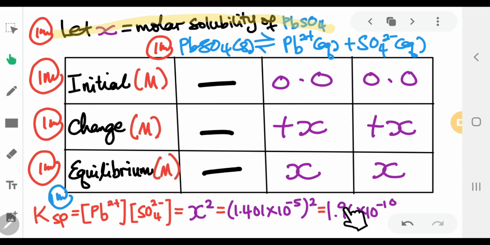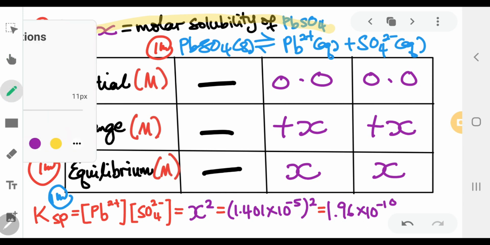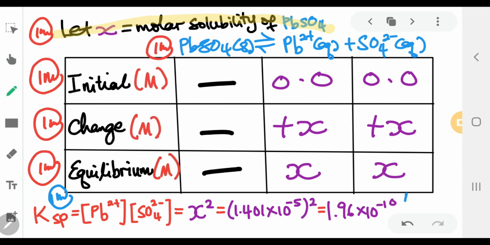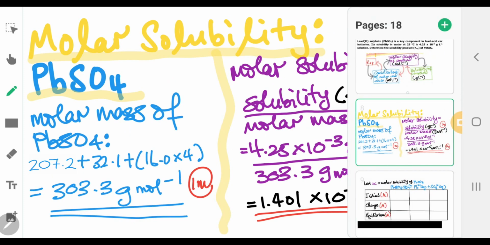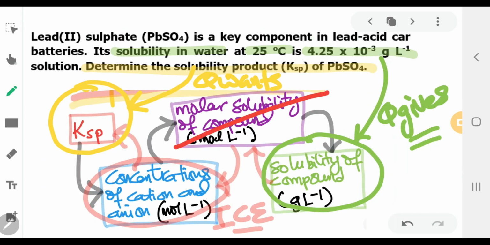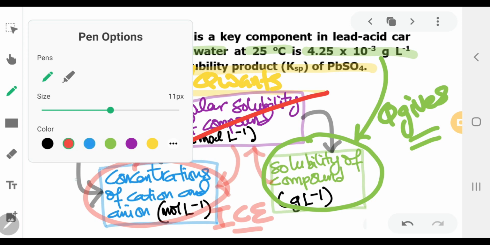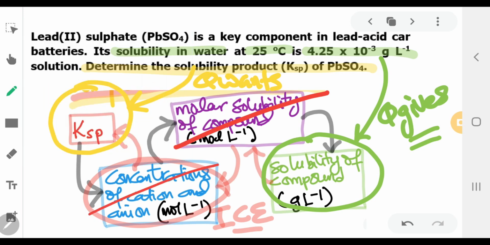So by getting this KSP value, you would get another 1 mark. When you go back to the sequence here, now we have done this, and finally you would be able to solve what the question wants.